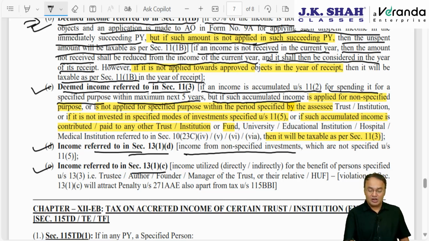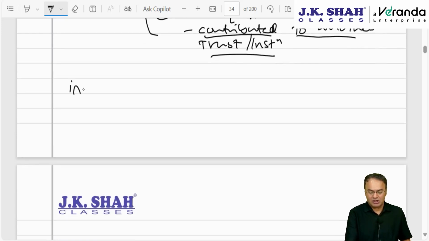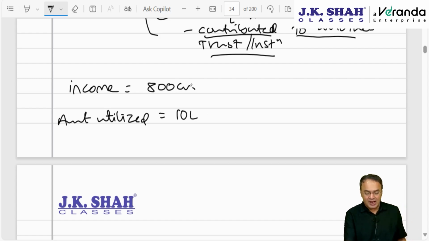Okay. Now, up till now what was happening, I had clarified the reason behind it. Earlier, what was happening, the income of, let's say, Reliance Foundation is 800 crore rupees and the amount utilized for the benefit of these specified persons is 10 lakh rupees. Then earlier, prior to Nirmala Sitharamanji, since ages, the entire 800 crore used to be taxed.